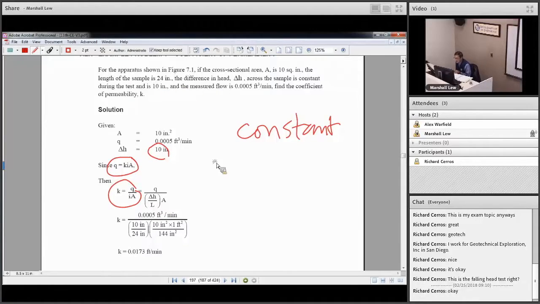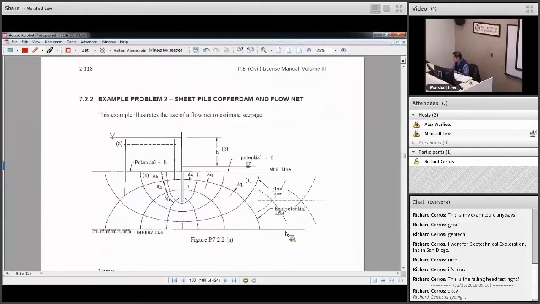Okay, now the falling head test. What I just described is a constant head test, and then I have a problem which illustrates the falling head. I'm not going to derive the equation, but just give it. Usually you would have problems here where you need to know the coefficient of permeability in order to solve these seepage problems.